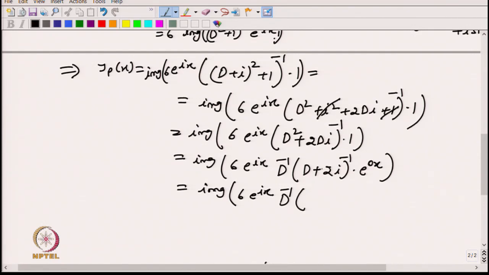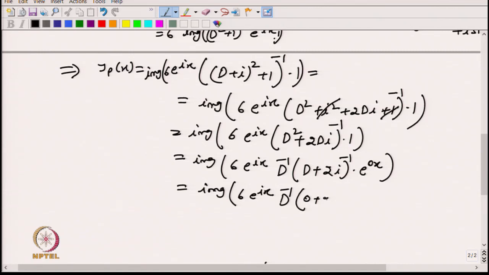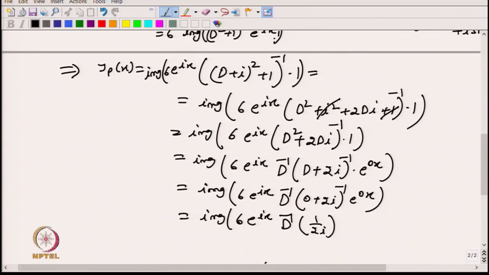Instead of D I put the 0 here. So I will get (0 plus 2i) inverse into e^(0x), because 1 can be written like this. So from here I will get the imaginary part of 6 e^(ix), and this becomes 1 over 2i into 1.